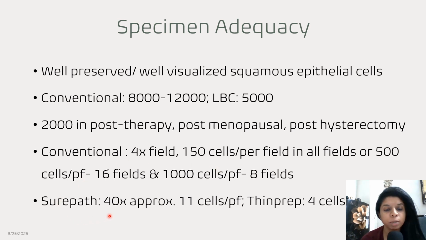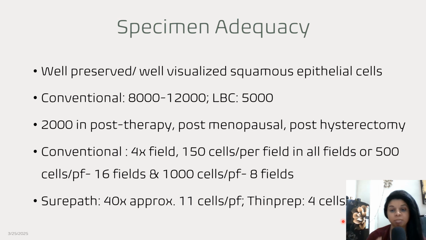And then in the SurePath method, in the 40x, that is the high power, you need 11 cells per field. And in ThinPrep slides, you need 4 cells per field in the high power itself. Okay, the thing which I want to tell is, you can see 11 cells per field in SurePath and a lesser number of cells in ThinPrep.